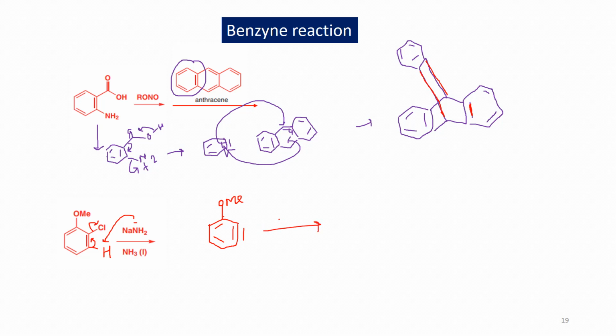There is already a nucleophile present in the system. So this nucleophile can attack from this place or this place. If we attack from this place, it will open and give a negative charge adjacent to the OMe.